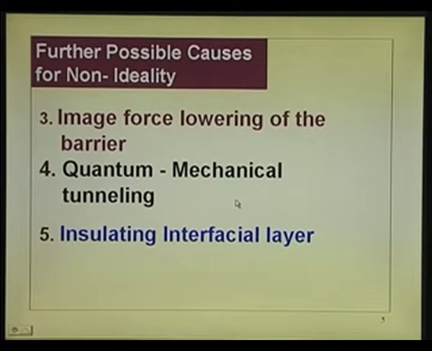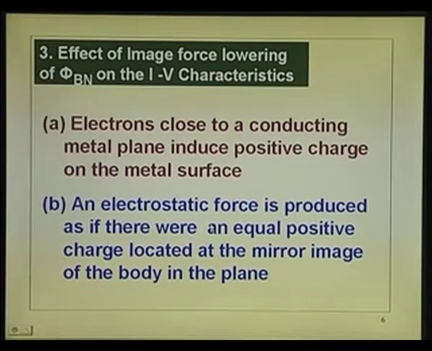So, other terms which are there are image force lowering of the barrier, quantum mechanical tunneling and insulating interfacial layer. These are the three things which we are going to discuss today. Now, image force lowering we have just discussed fairly in detail.